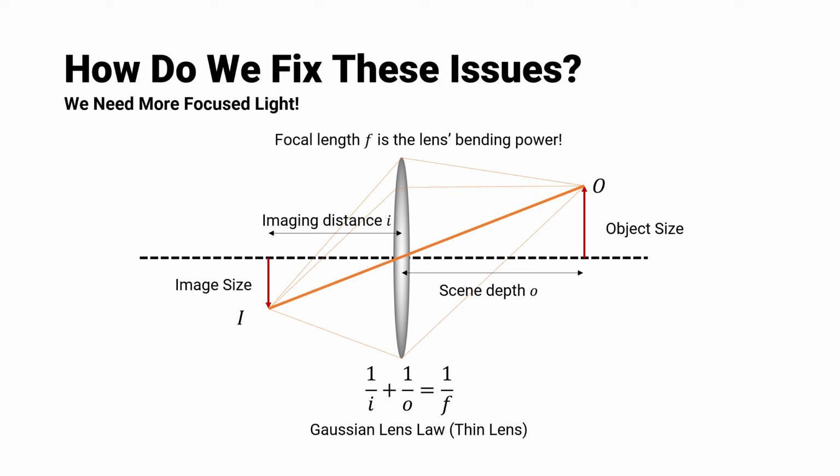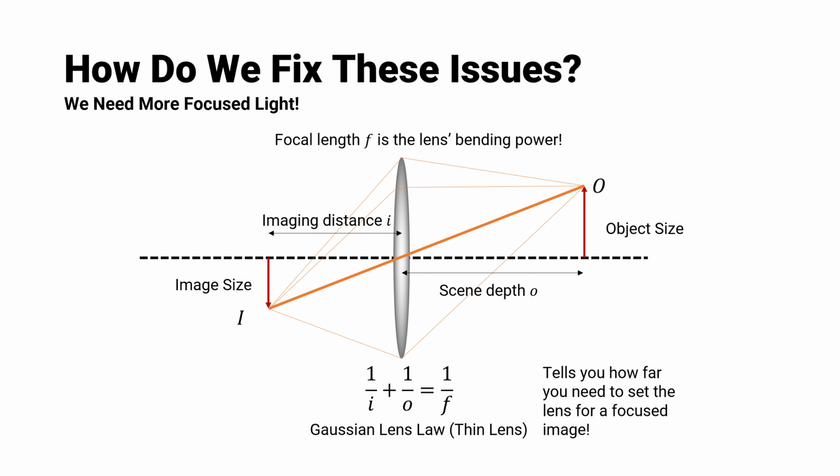So we don't really care too much about what happens inside the lens, and we can approximate it with an equation like this. We assume that the lens is a beautiful homogeneous medium with the same refractive index all through. So essentially this equation, if you want to interpret it in a more intuitive manner, tells you how far you need to set the lens for the image to be focused, right?